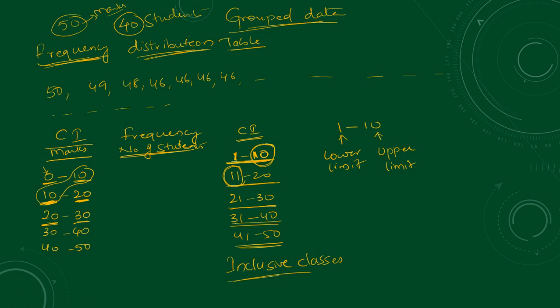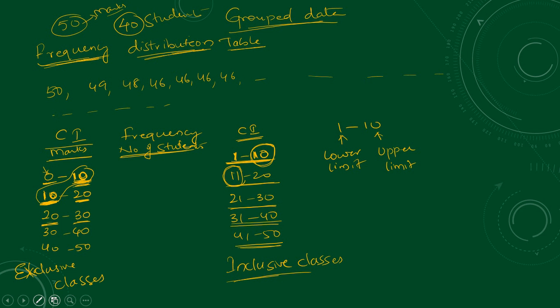But here if you observe, the upper limit of one class is equal to the lower limit of the next class. Such classes are called exclusive classes. Why do we call these exclusive classes? See, here 10 has come two times.